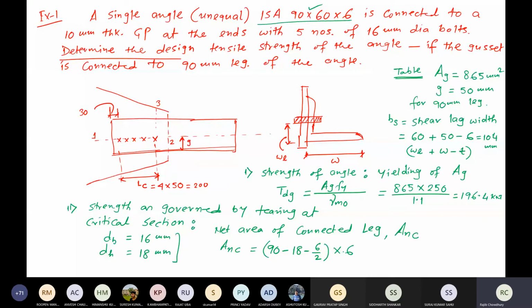Here t/2 is half of the thickness, which is being deducted to identify the net section. So this much amount of total length has been connected over here. Okay, so if it is like that, then how much is it becoming? 414 mm square.